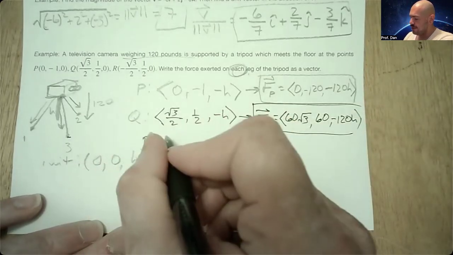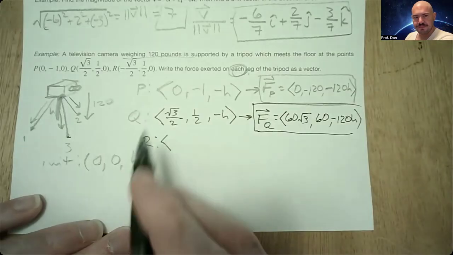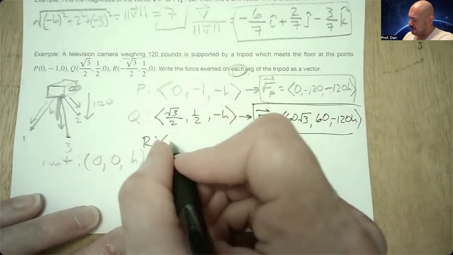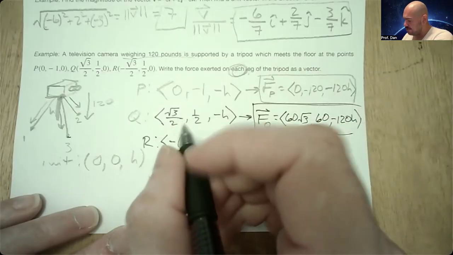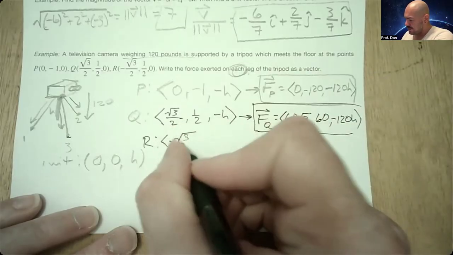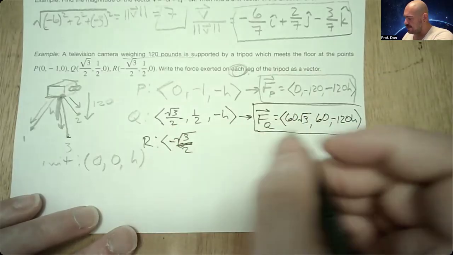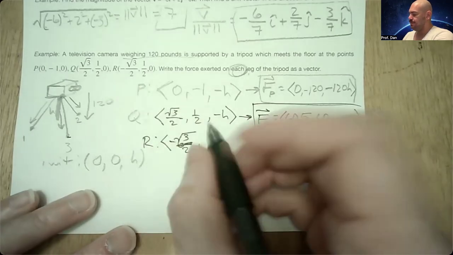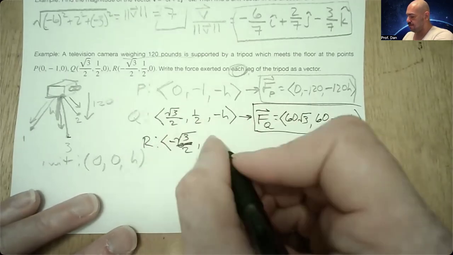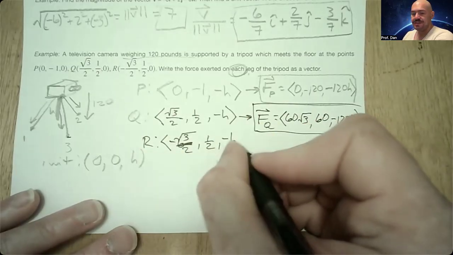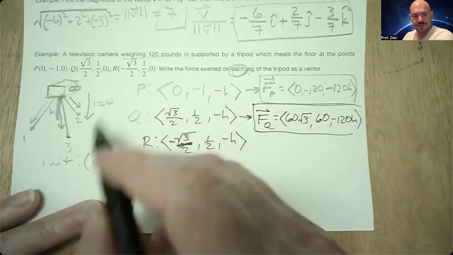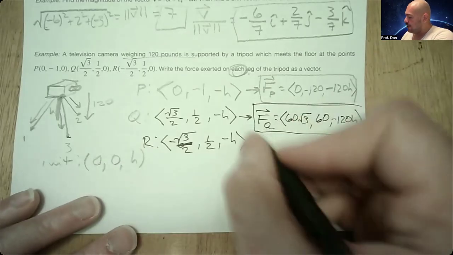And lastly, we have R. In a similar fashion, we'll end up getting, oh, whoops, getting ahead of myself there. Negative square root of 3 over 2, positive 1/2, and negative h. Just final minus initial.